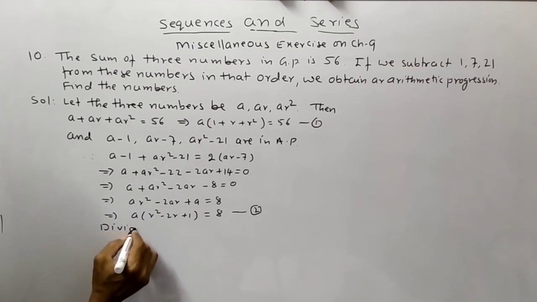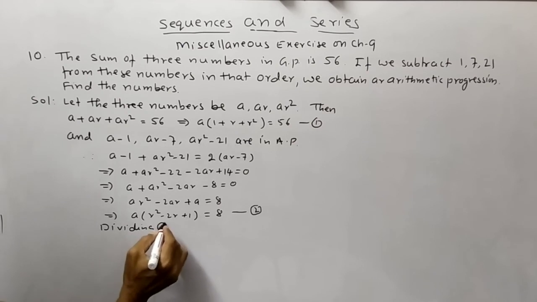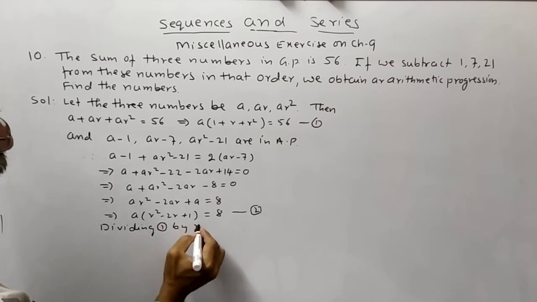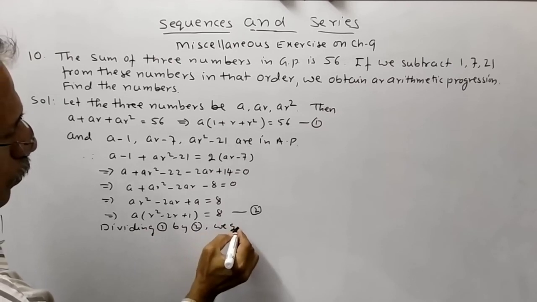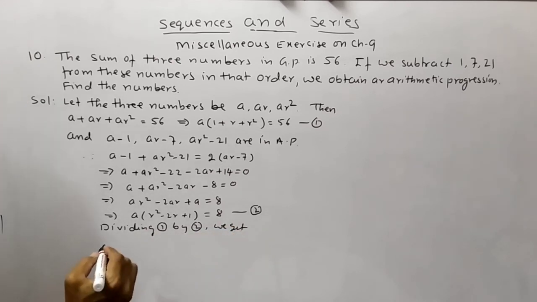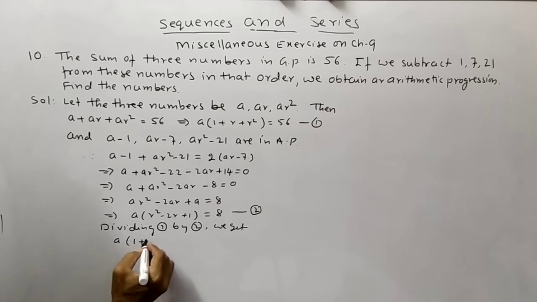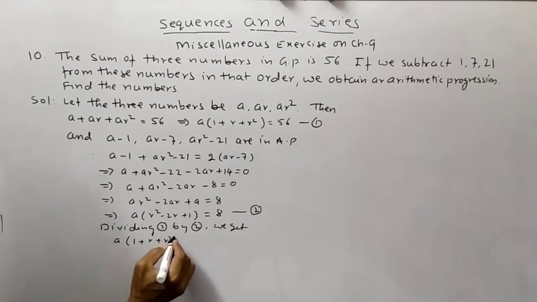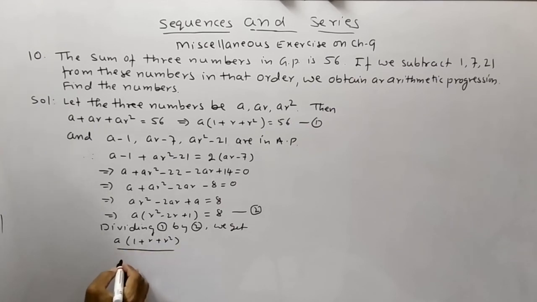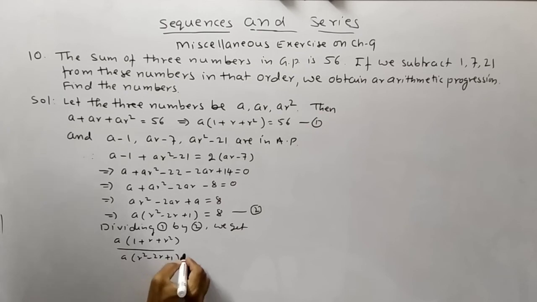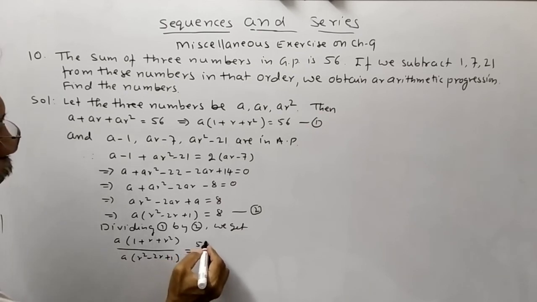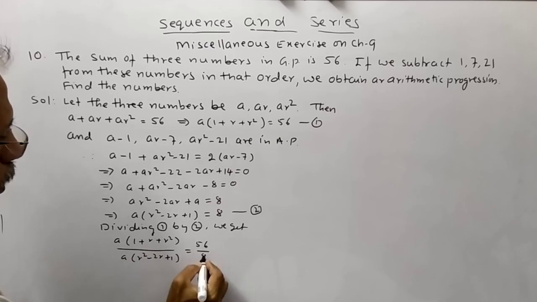Dividing 1 by 2, we get a into 1 plus r plus r square divided by a into r square minus 2r plus 1 is equal to 56 divided by 8.